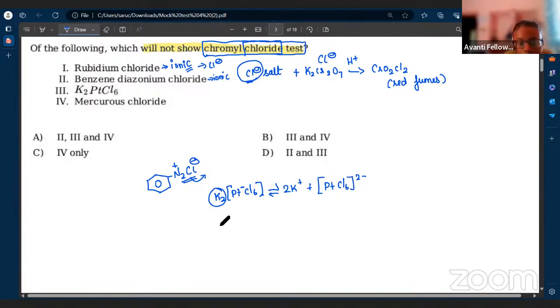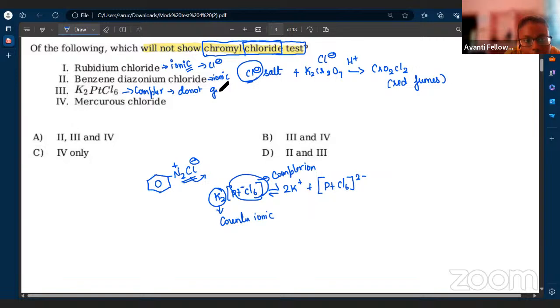This is the ionic bond, so this will be your counter ion part, whereas the whole thing is your complex ion. If Cl minus comes out, then we would not call it a complex; we would call it a double salt. So since it is a complex, it does not give Cl minus ion. So option 3 will be one answer.